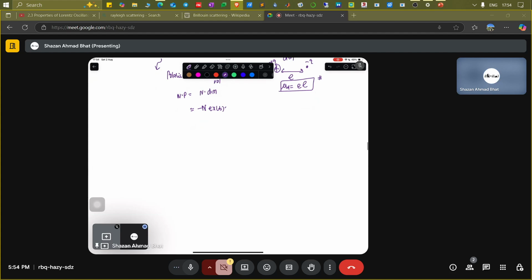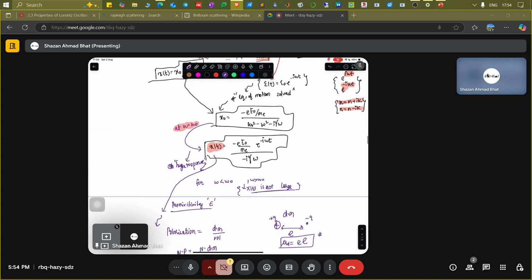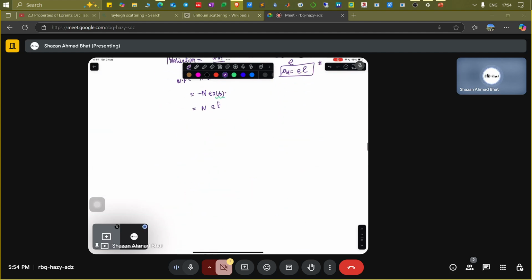This x of t we have computed, so you can replace it here. You can write it in terms of m of e over omega naught square minus omega square minus i gamma omega. And now this is basically the polarization you get.